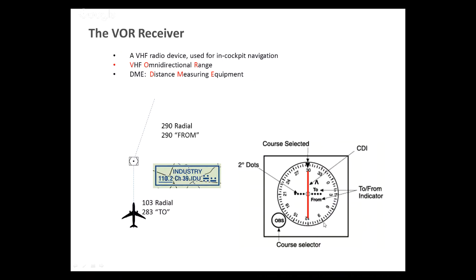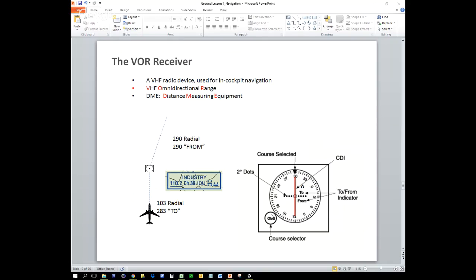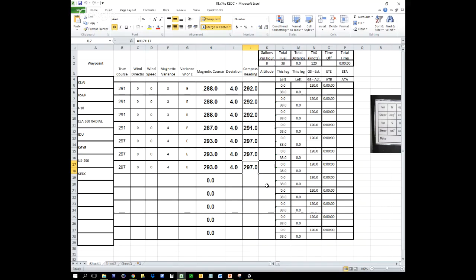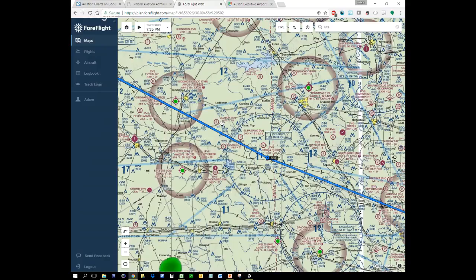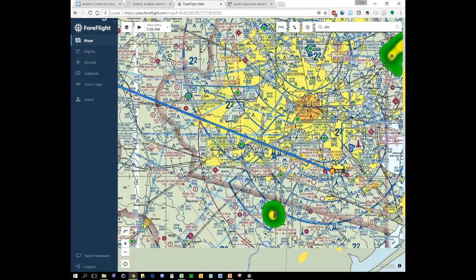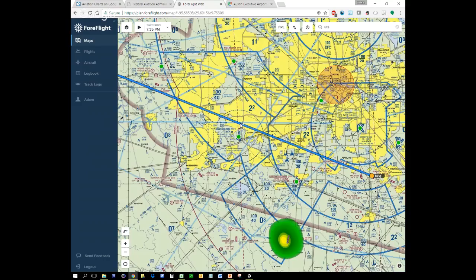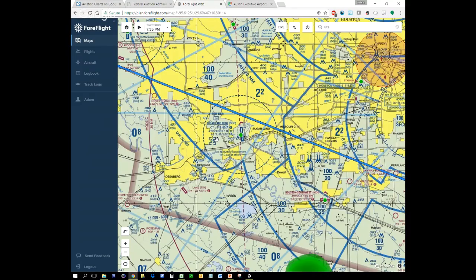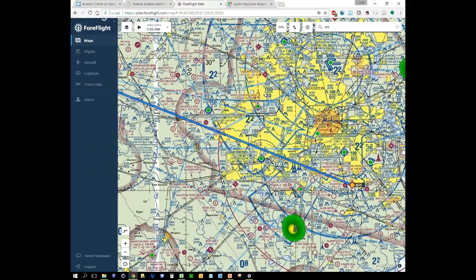And before we go to the next slide, I want to go over here to my log, because I've got a VFR flight log going. And I've got a couple different waypoints here. I picked some airports. I picked Sugarland Regional Airport as my first waypoint. So there's Sugarland Regional. And then I picked Interstate 10 as my next waypoint.